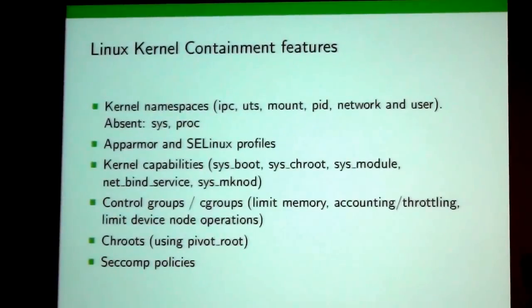Linux kernel containment features. Over time, the Linux kernel has gained features for hanging more and more things off of a process, or being able to put different namespaces on things. Right now you can do that with IPC, which is inter-process communication.